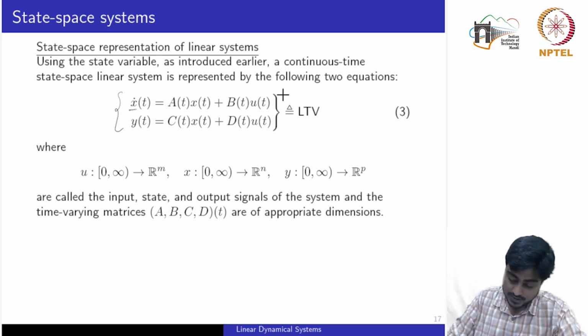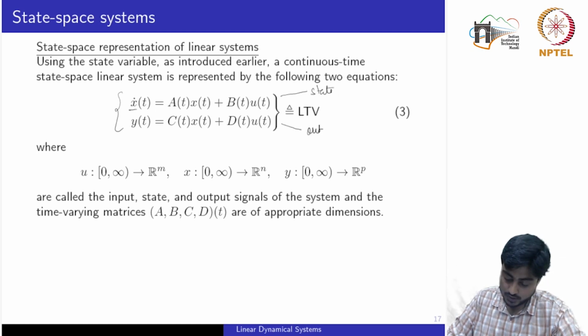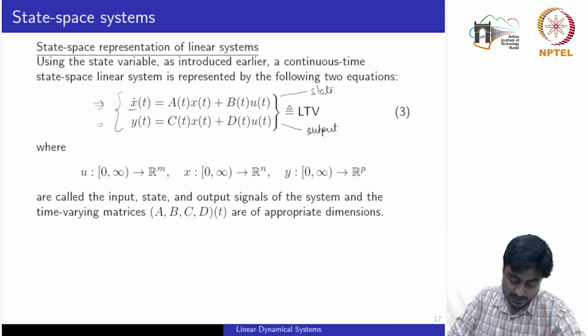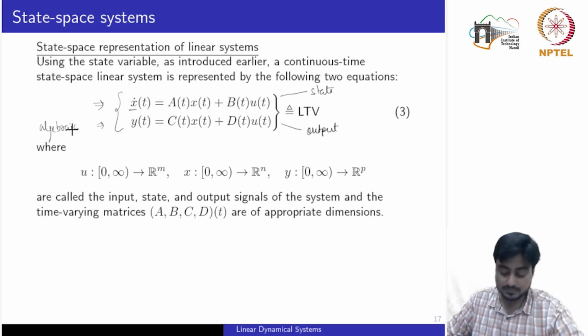Okay? So the first equation we call the state equation, the second equation we call the output equation. Note that all the dynamics are embedded into the state equation because of this derivative part, and the output equation is basically an algebraic equation because here we do not have any derivative or integrals.